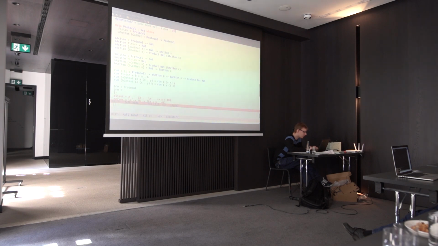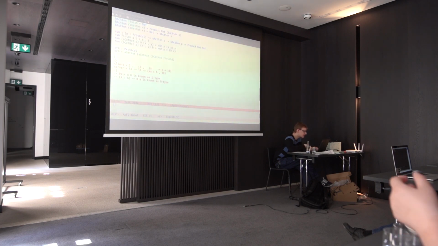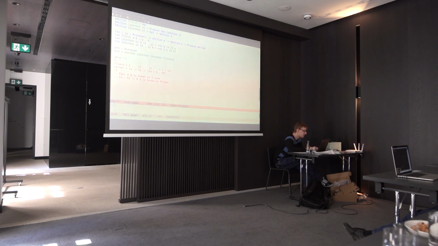So the protocol will be A gets a natural number, A gets a natural number, B gets a natural number, and they finish. Okay, so that's the protocol. And now let's write A for this protocol. So what should this be? This should be a function.